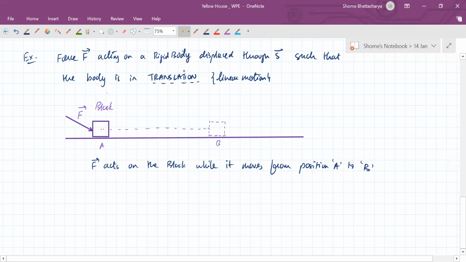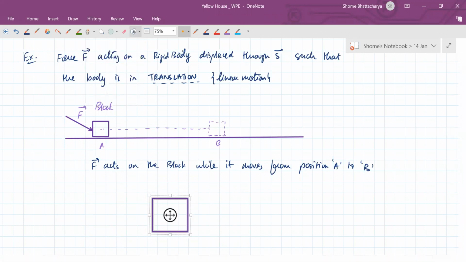So now in this case, if I make a more detailed diagram, this point at which we are applying the force on the body is the point of application.